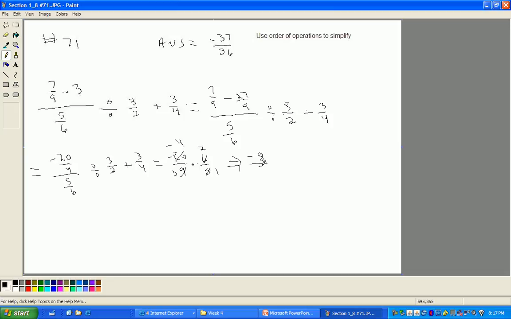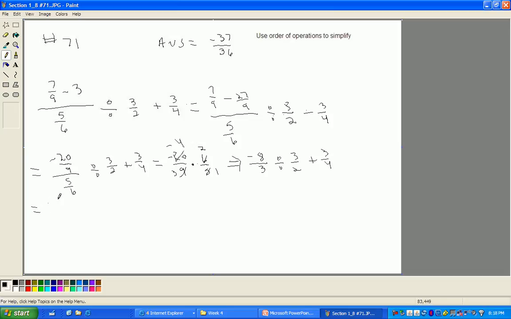over 3, divided by 3/2 plus 3/4. Now again, the next thing we have to do is division, because division is before addition. Dividing fractions, we just take the second one and flip it.